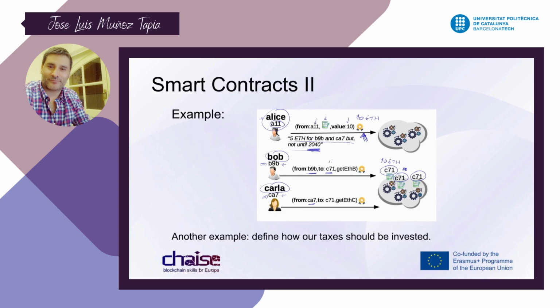See that the destination of the transaction now is the address of the smart contract, and then call some function in the smart contract to claim the 5 ethers. The smart contract is going to check that we are beyond 2040, and probably check that it is Bob who is sending the transaction, and then transfer the money to this account. So all the processing of the transaction is going to be defined in this code here. This is the idea of a smart contract.